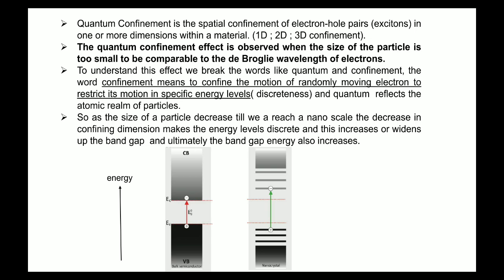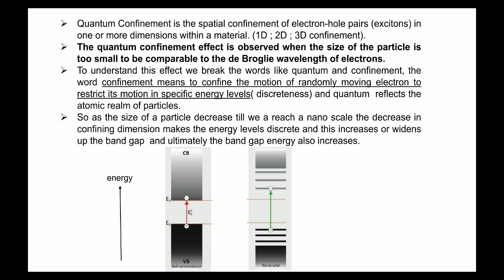When we are reducing the size of the material from bulk to nano, the number of atoms reduces, so the energy levels become discrete.